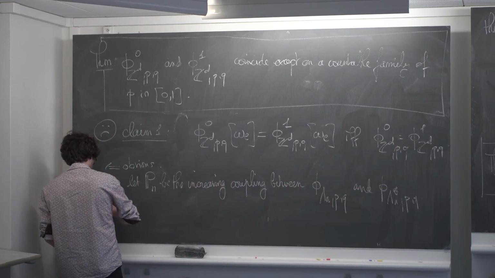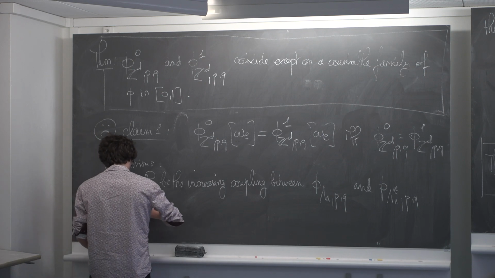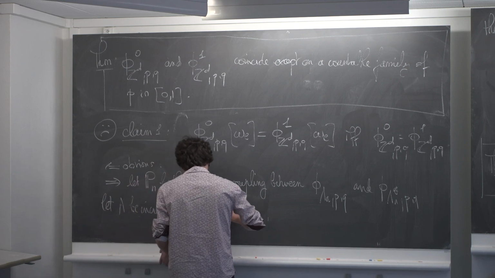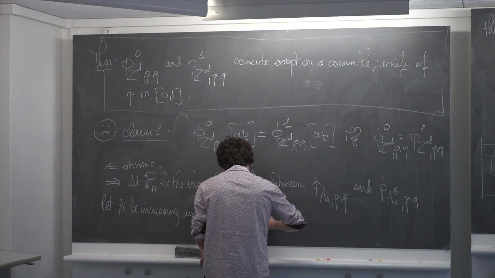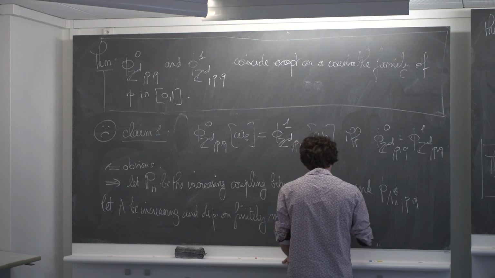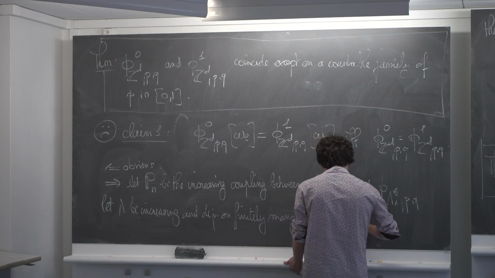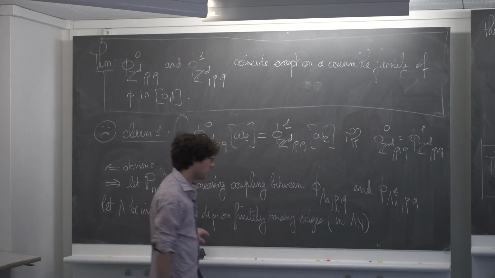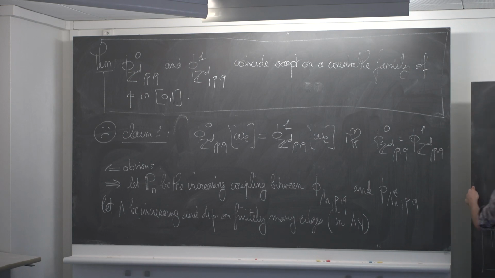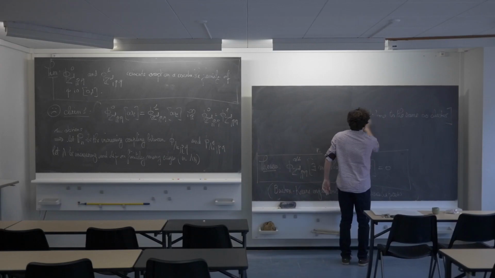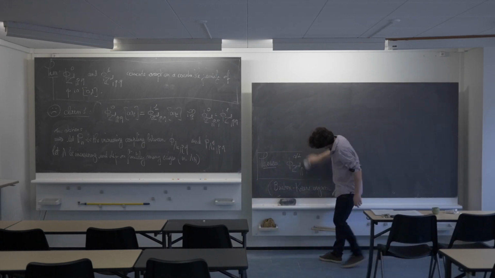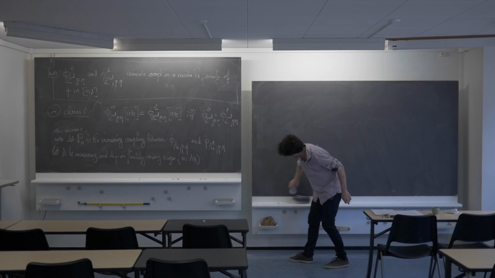Let A be increasing and depending on finitely many edges. Let's say they are in lambda capital N, where capital N is fixed. And let's just look at the difference between the probability of A in the first and in the second measure.